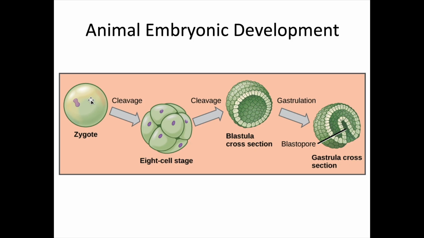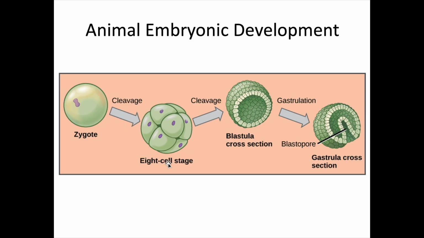The zygote is going to go through several rounds of cell division. But there's something weird about these cell divisions. Typically with a cell division, the cell grows in size and then splits in half. But this zygote is a massive cell, all things considered, because the egg is a massive cell. These first few rounds of division involve it splitting in two without growing in size.